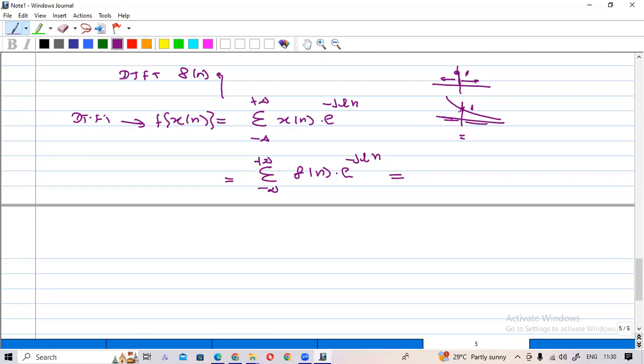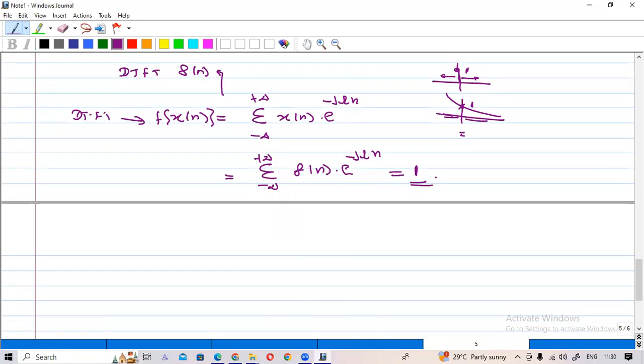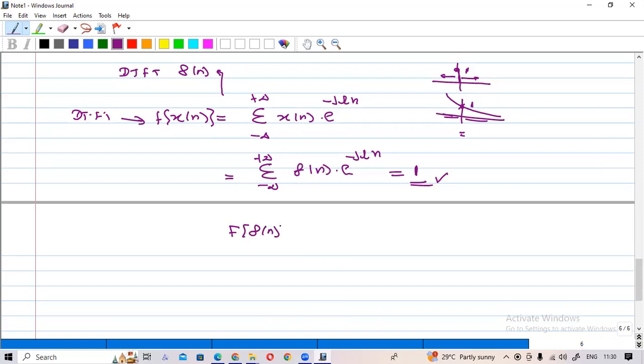You have only this one, so 1 into 1 is 1. So the Fourier transform of delta[n] is 1.